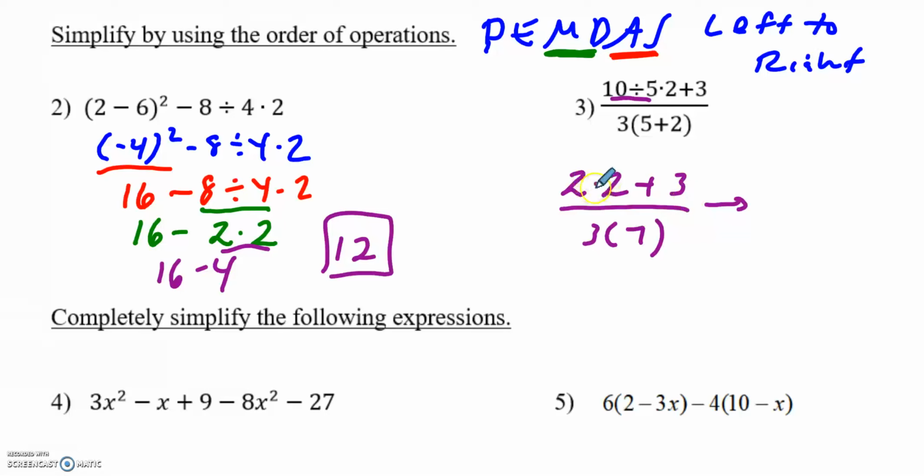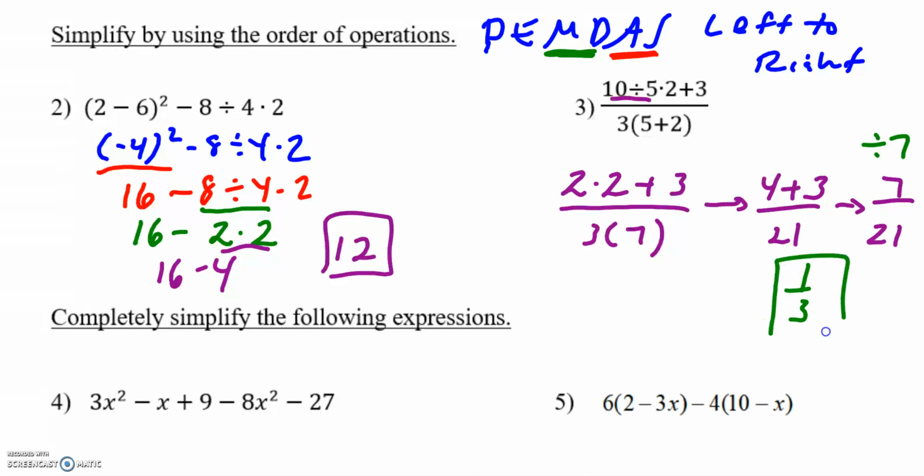In the numerator, multiplication comes before addition. So we have 4 plus 3 on the top. And on the bottom, this multiplication is 21. This ends up being 7 over 21. This looks like it could be a final answer until you realize that 7 goes into both itself and 21. So if you divide both pieces by 7, your final answer will be 1/3.